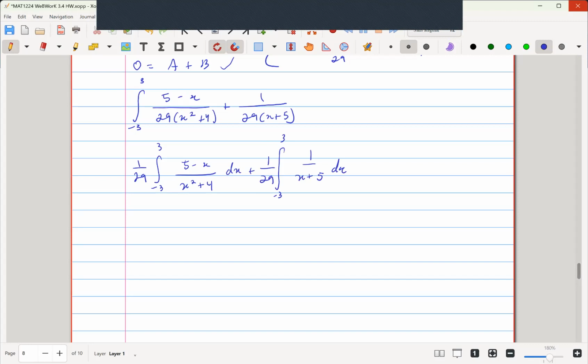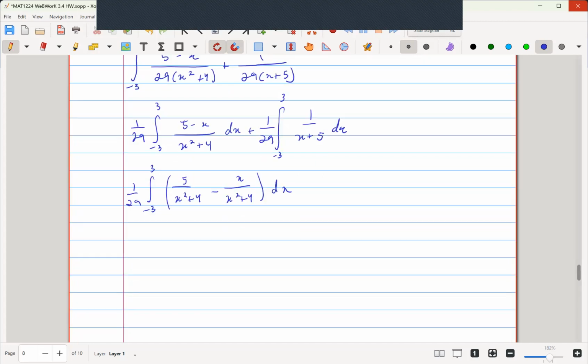But first, we're going to split this up even more. This first integral, we have 1 over 29, -3 to 3. Split this up to 5 over x squared plus 4 minus x over x squared plus 4 dx. So we're splitting the numerator. We're just going to worry about this part.